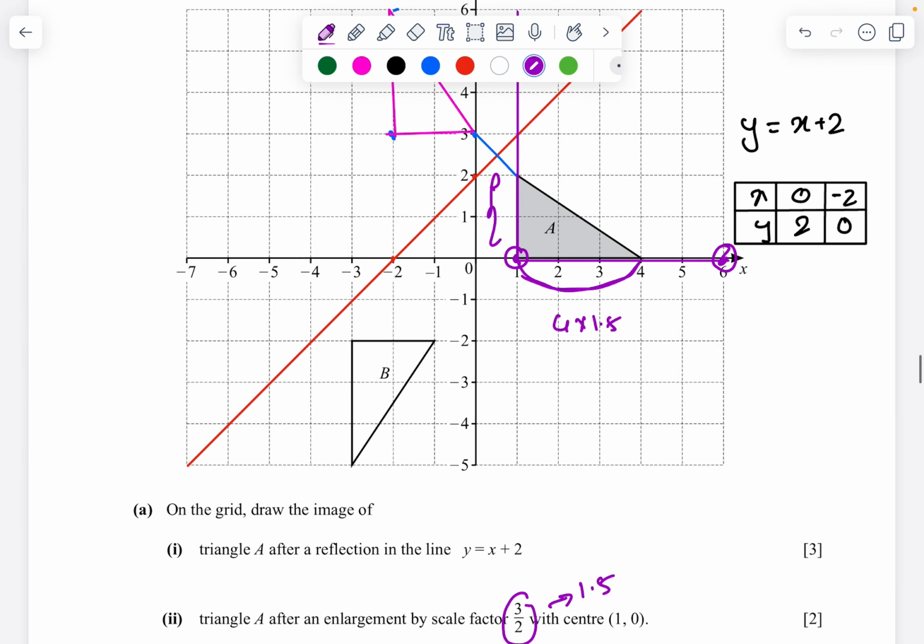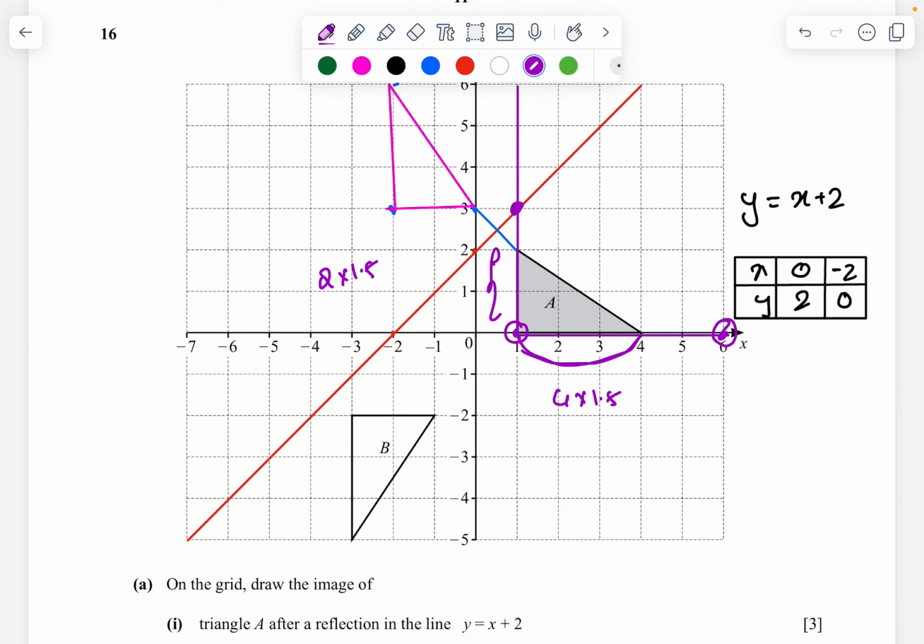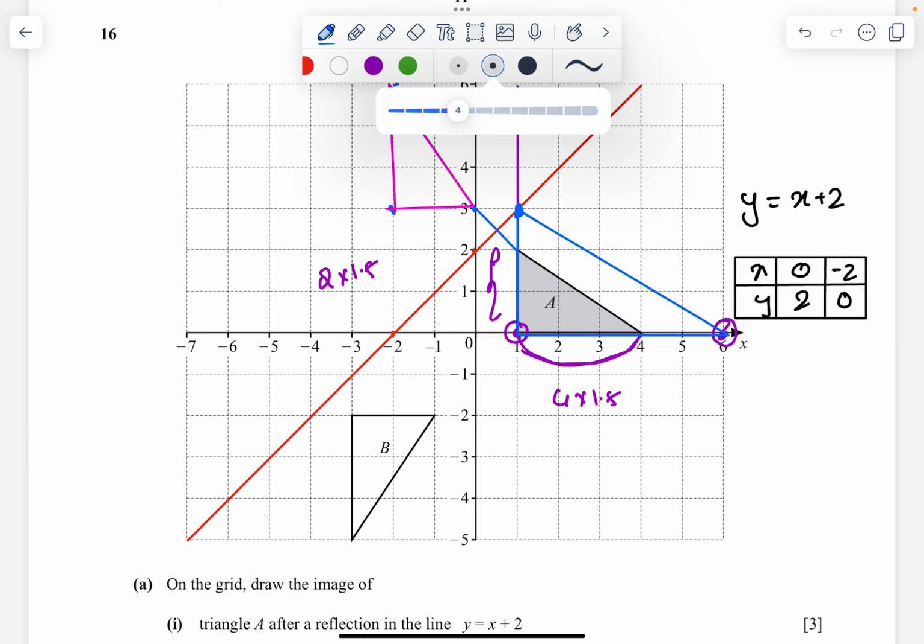And this distance is 2, so 2 times 1.5 is 3. So it's going to be 3. So the diagram is going to be, and that blue color one is going to be the triangle.